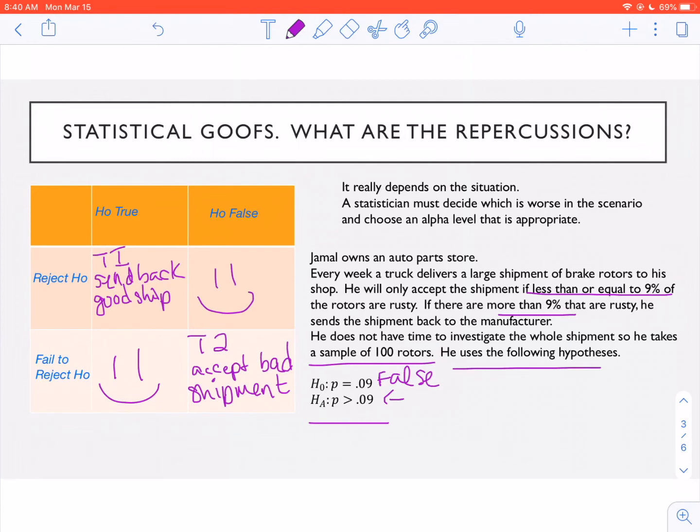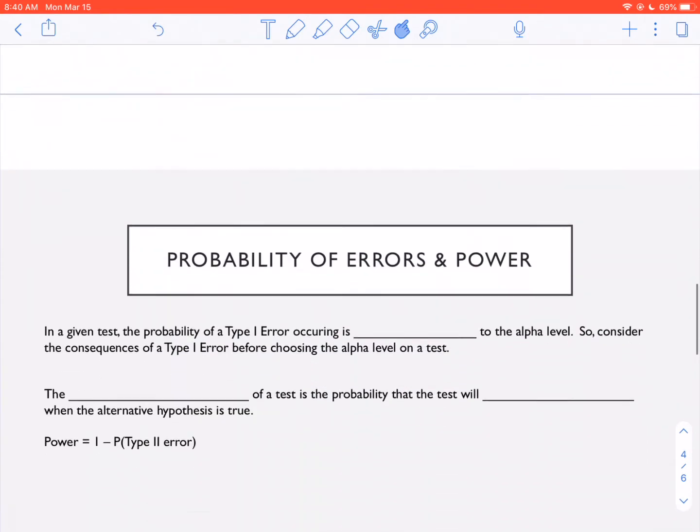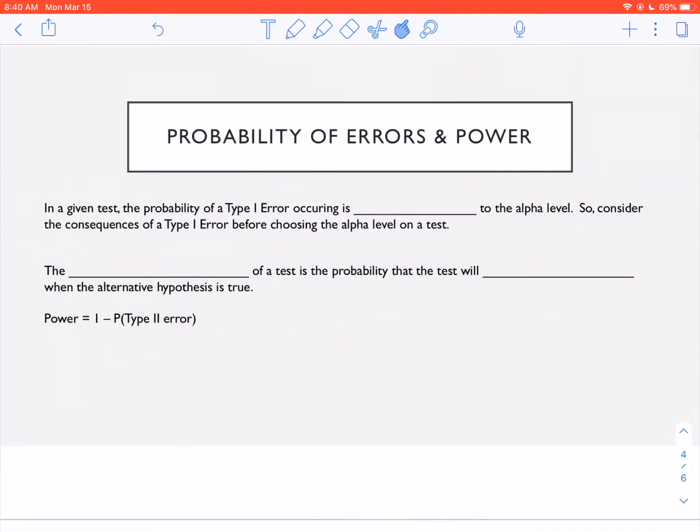You can't avoid both of them at the same time, because what we realize in the next section is that if the probability of a type 1 error increases, the probability of a type 2 error decreases.